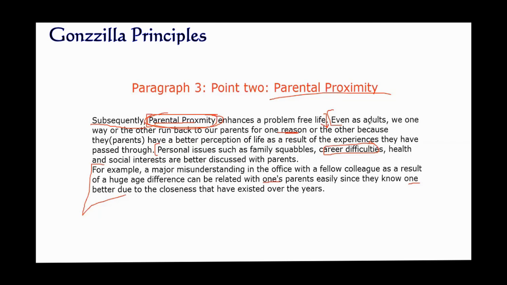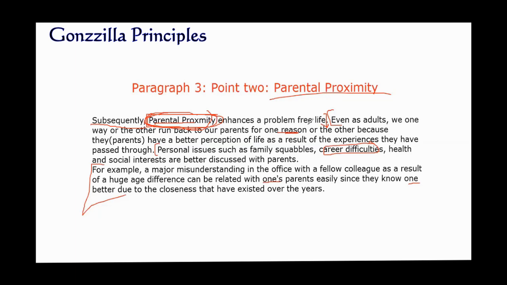So in writing my next sentence, I had to hinge on something, which was parental proximity. I hinged on that to create my next sentence there: even as adults, we one way or the other run back to our parents for one reason or the other, because they, as our parents, have a better perception of life as a result of the experiences they have passed through. So to make up this sentence, I fell back to parental proximity.